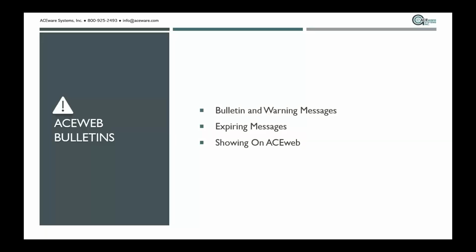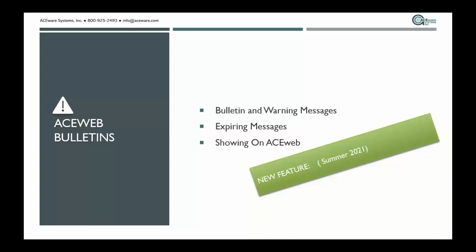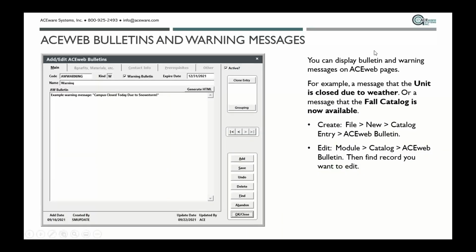so they don't show up for a canceled class. This is one I'm excited about, bulletin and warning messages. And again, it's a brand new feature, just came on this summer, I think at version 102. What this allows you to do is to display a bulletin message, which is like, hey, fall catalog is available.